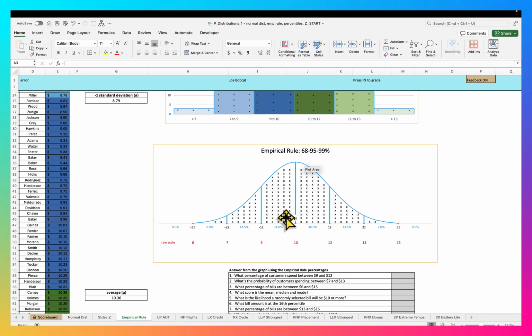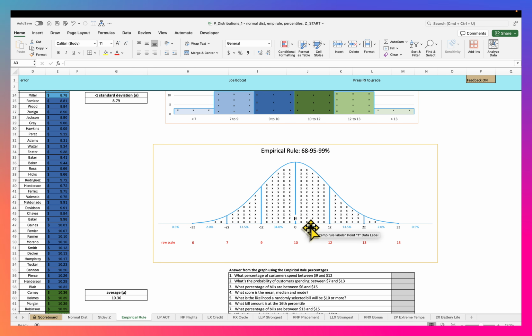So if you divide 68 by 2, that means 34% are over here, 34% are over here. All right, within 2 standard deviations of the mean, so that would mean -2 to +2, you should get 95% of your values.